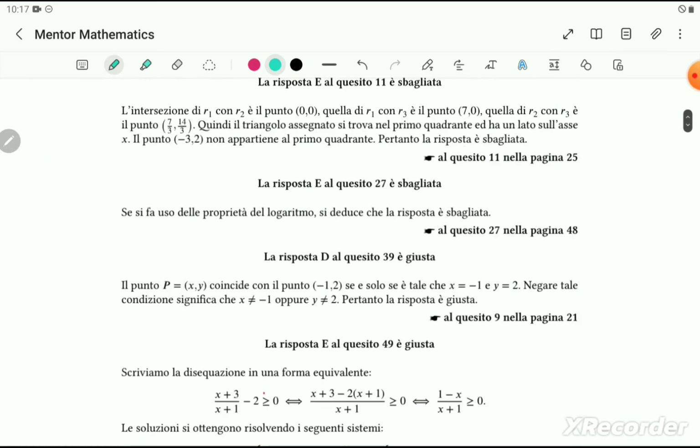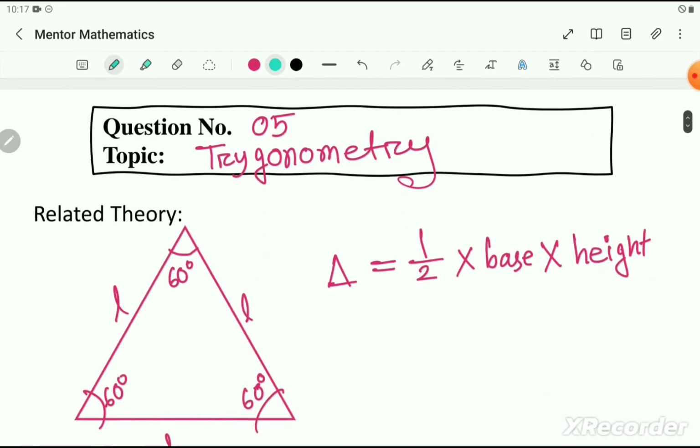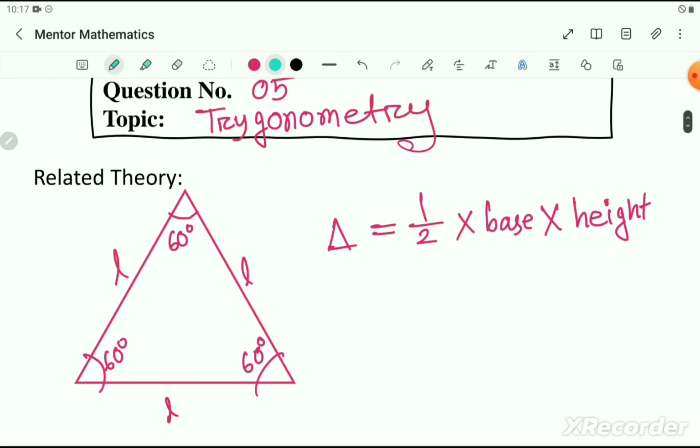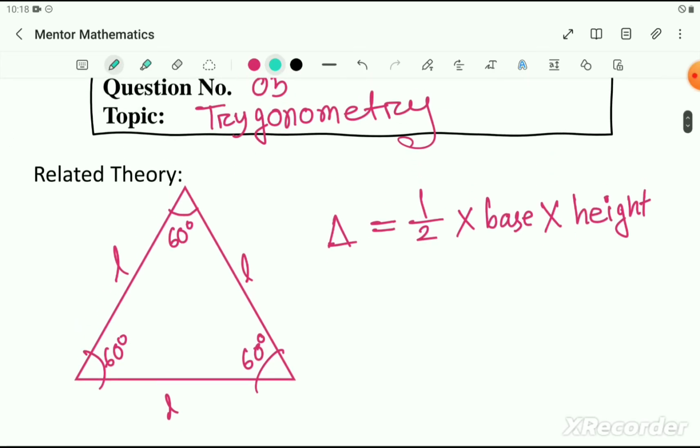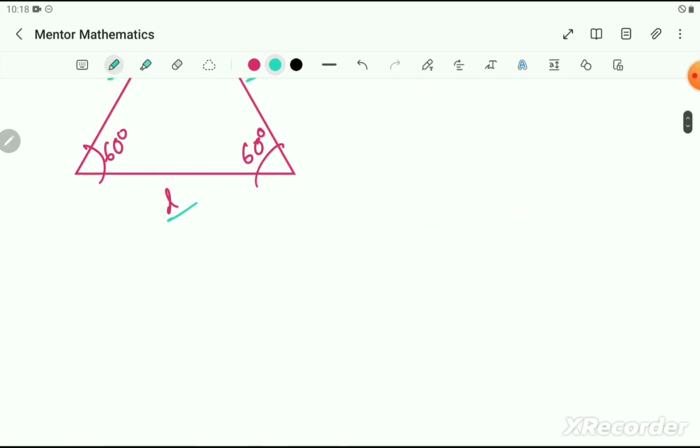So let's discuss the basics. This is an equilateral triangle. It has side L, so all sides are equal, and we know the area can be calculated by this equation: half multiplied by base multiplied by height.